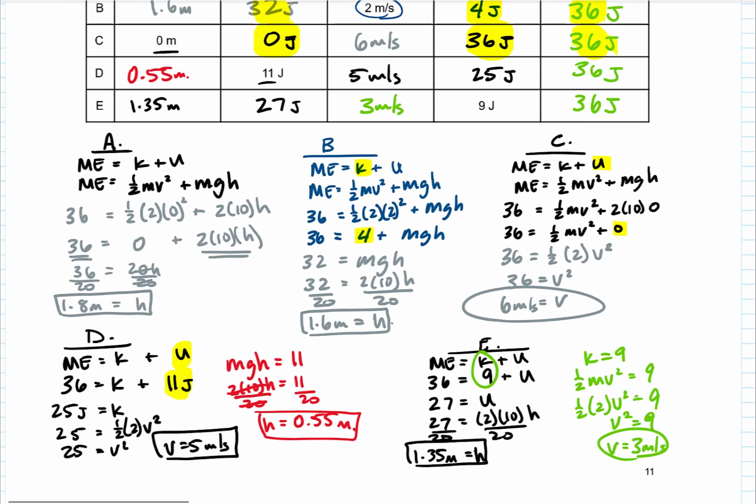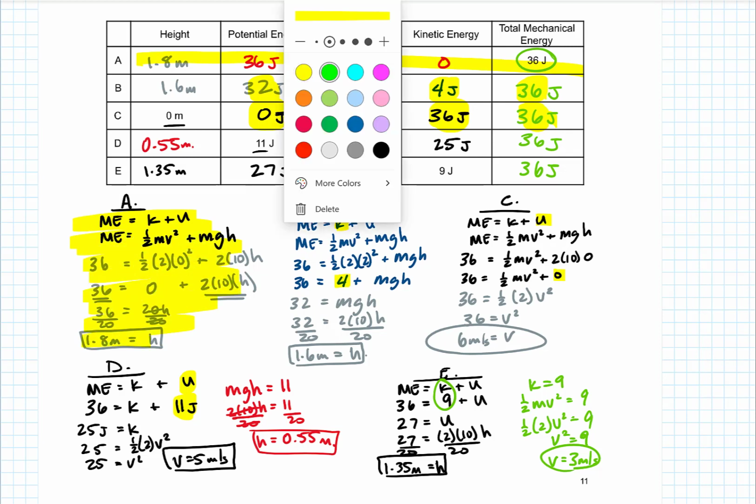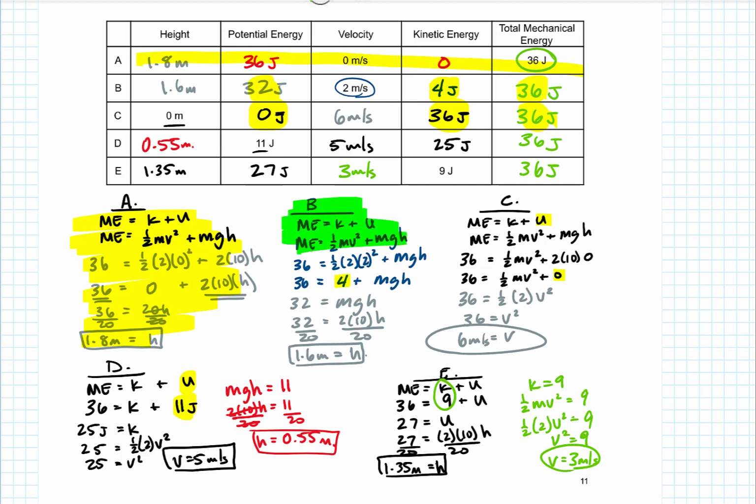So when it's all said and done, here's our chart. So everything we did for A is right here. Everything we did for B is right there.